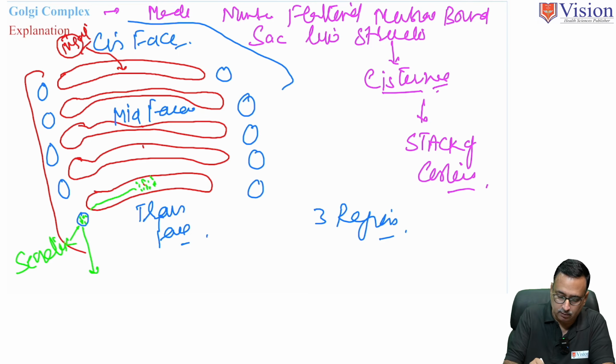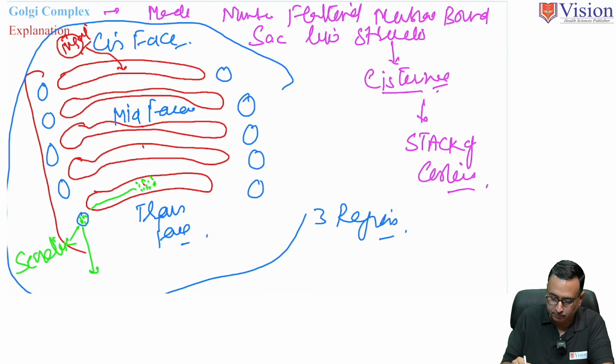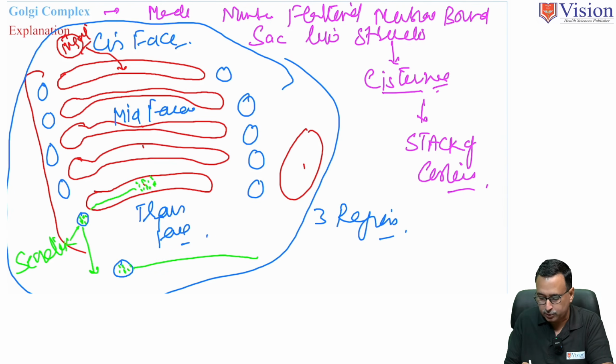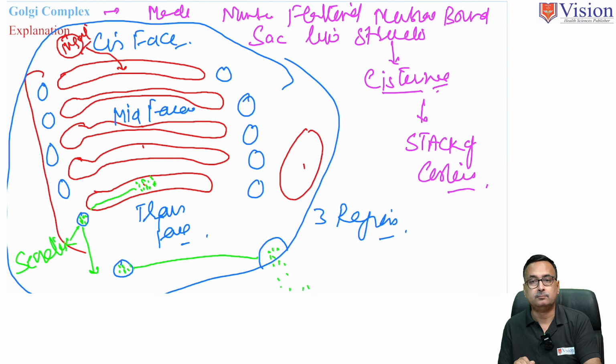towards the cell membrane. Say I am drawing over a cell membrane. This is a nucleus, and say it is a beta cell. So this is a secretory vesicle which carries insulin molecules. This secretory vesicle fuses with the cell membrane, and the insulin will be released from the cell membrane.